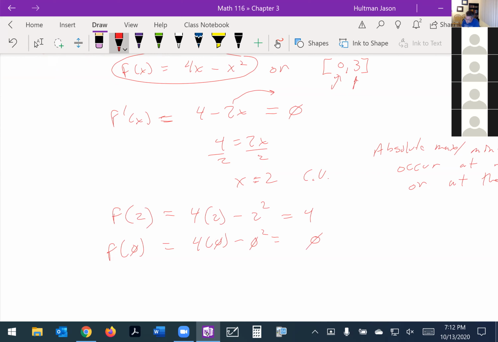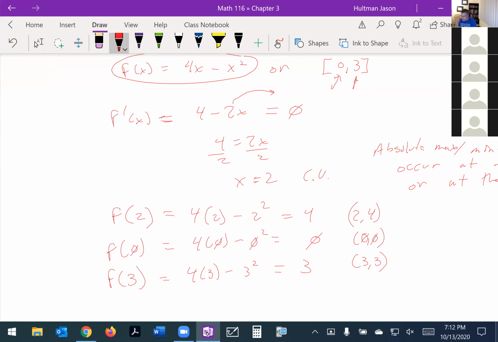So that's the point 0, 0. I'm going to put these points here: 2, 4 and 0, 0. What about f of 3? That's 4 times 3 minus 3 squared, 12 minus 9, which is 3. So this is 3 comma 3.